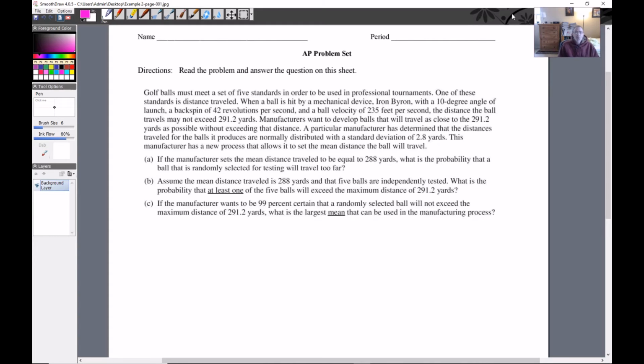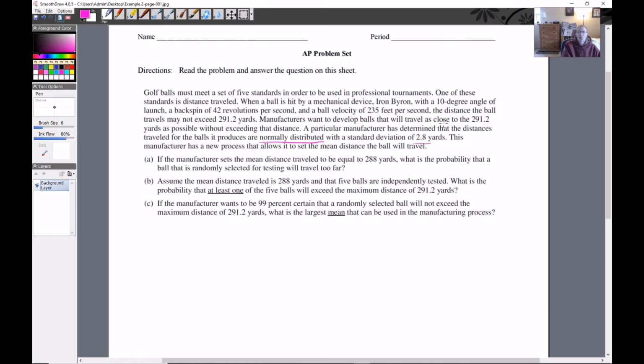So manufacturers want to develop balls that will travel as close to the 291.2 yards as possible without exceeding that distance. A particular manufacturer has determined that the distances traveled for the balls it produces are normally distributed. Okay, yeah, so that's important right there. Normally distributed. I bet we'll be using that with a standard deviation of 2.8 yards.